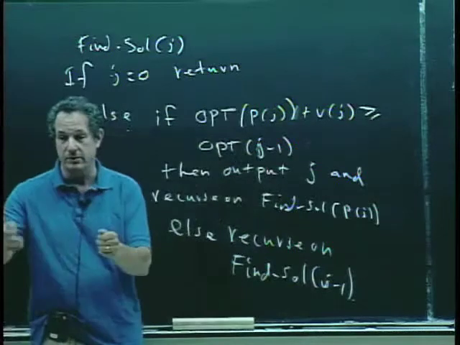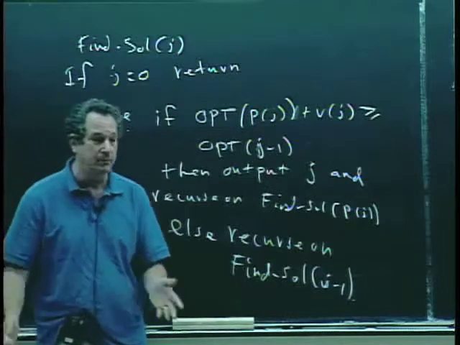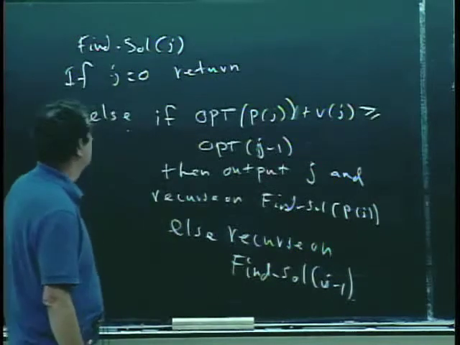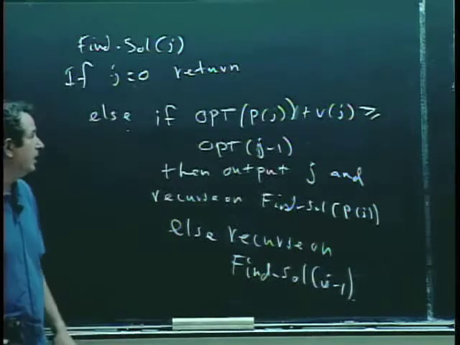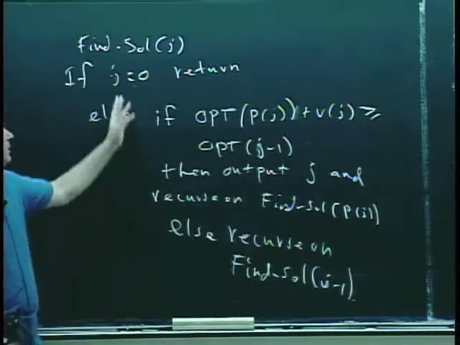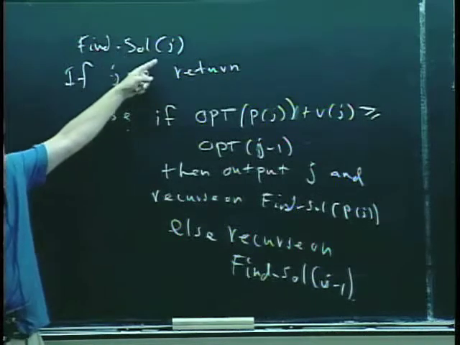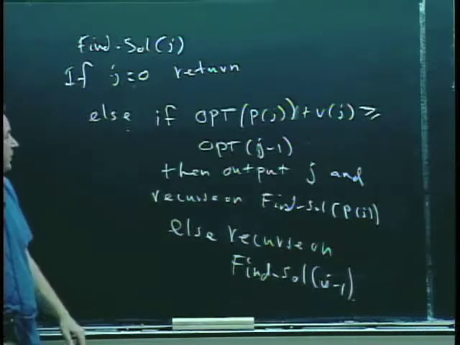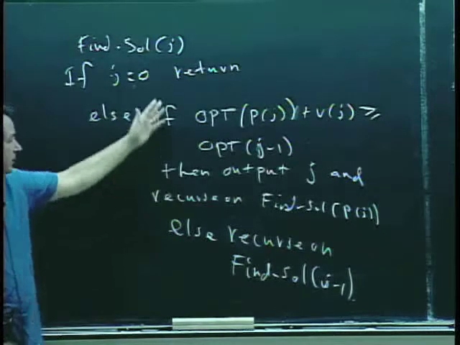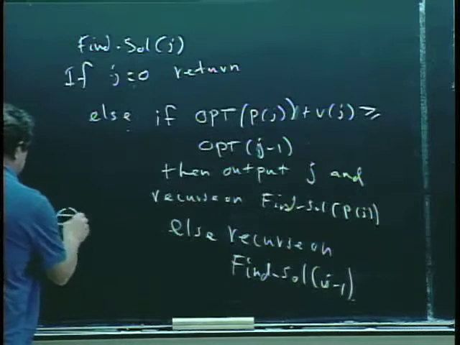And so these things always just decline, and you can't go lower than 0. And you started at n. Initially, you call this with find sol of n, because that's the full set of intervals. And so this takes theta n time.